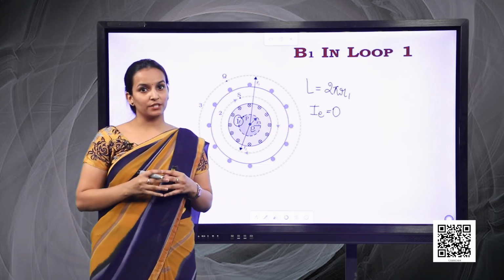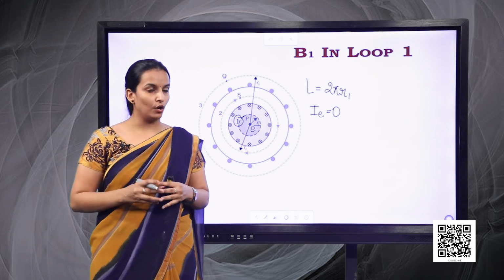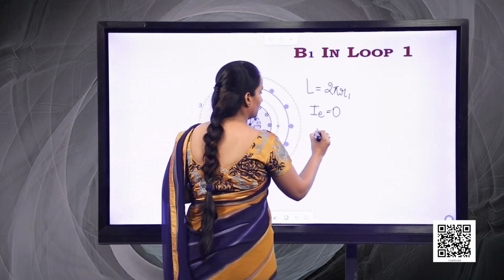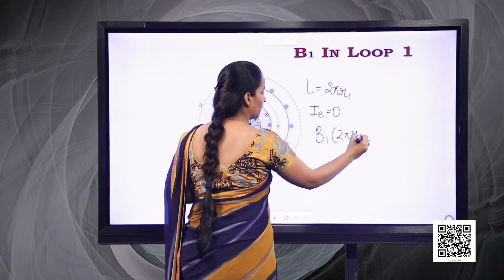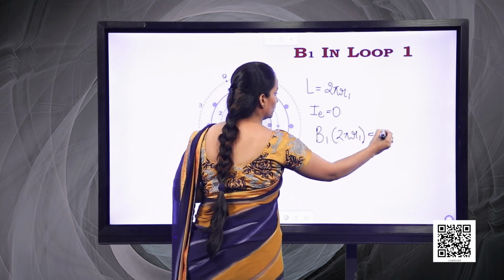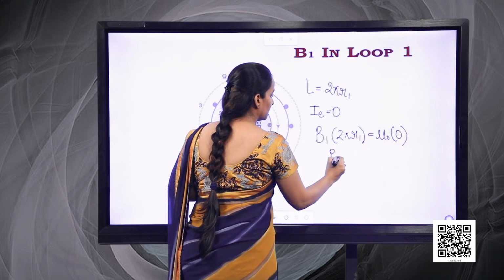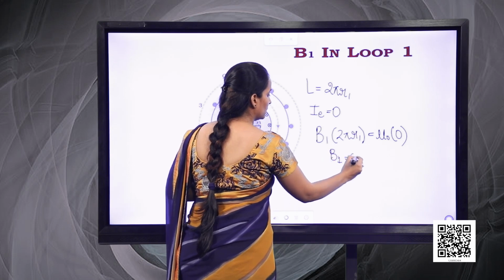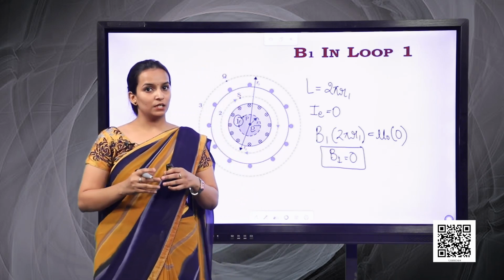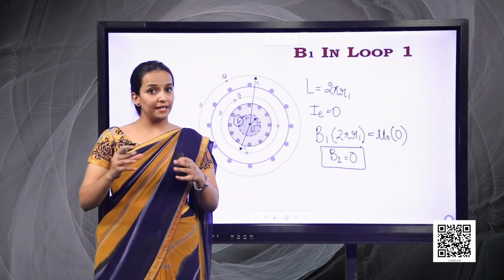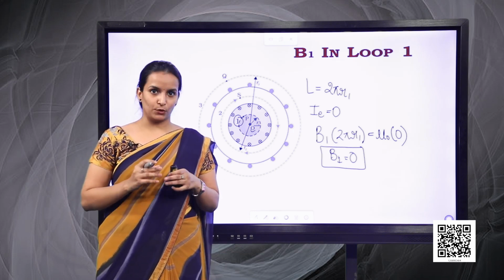On substituting the value of L and enclosed current in Ampere's circuital law, what will we obtain? It will be B1 times 2 pi r1 equals mu naught Ie, which is 0. It means B1 is equal to 0. Thus, the magnetic field at any point P in the open space inside the toroid is 0.